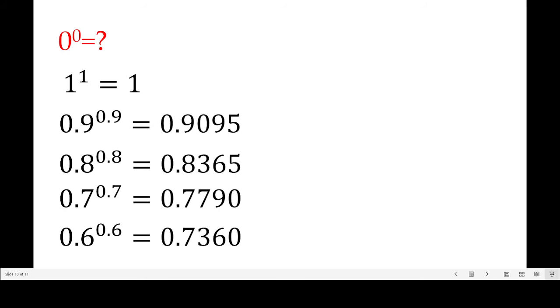Let's see what will happen. So 0.5 to the power 0.5 is 0.7071. Yes, the slope of decreasing is decreased.